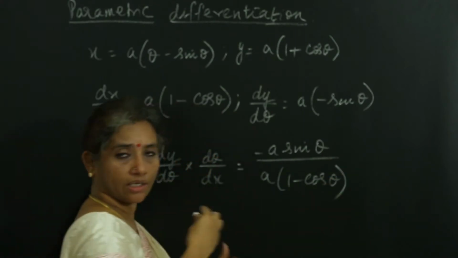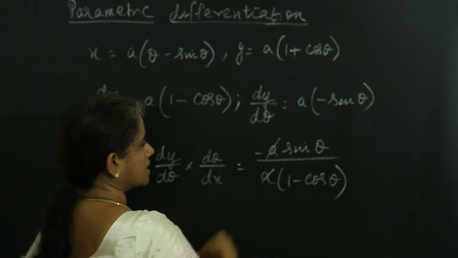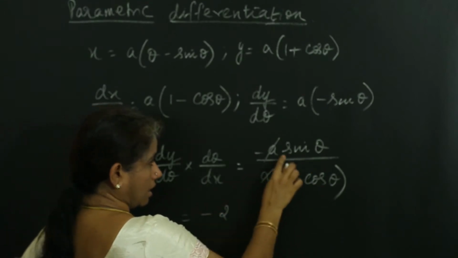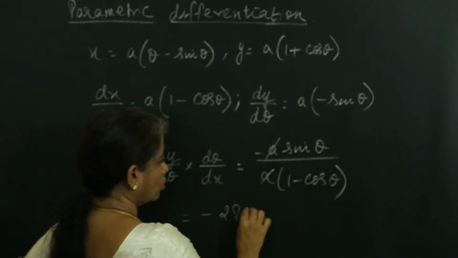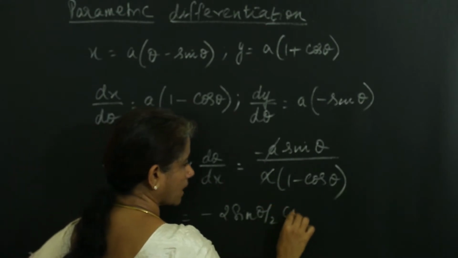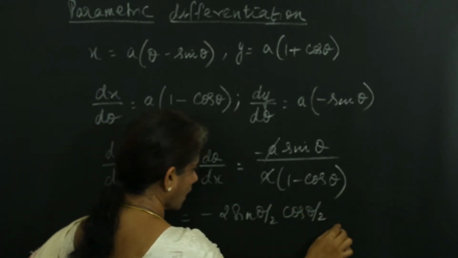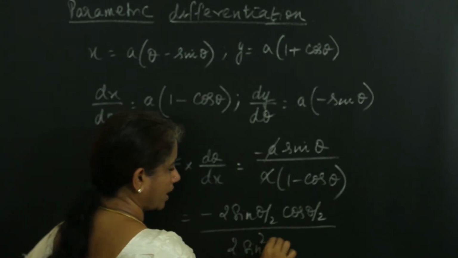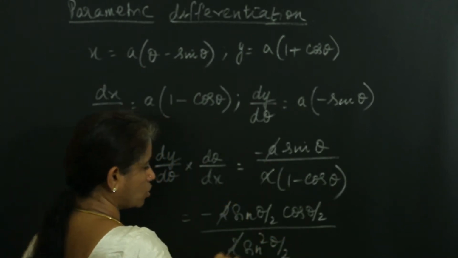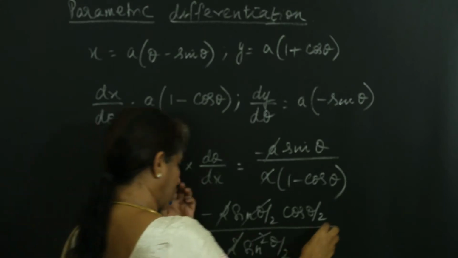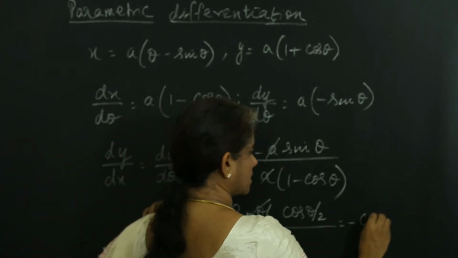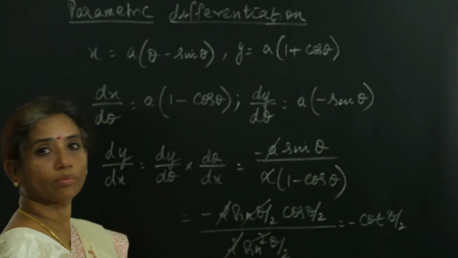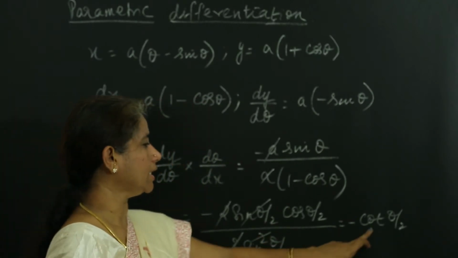Basically we simplify till the end. You know this a gets cancelled, and minus sin theta, sin theta is 2 sin theta by 2 cos theta by 2, and 1 minus cos theta is 2 sin square theta by 2. So this 2 will cancel and one sin theta by 2 will cancel, and your net answer is negative cot theta by 2, because cos theta by 2 by sin theta by 2 is cot theta by 2.